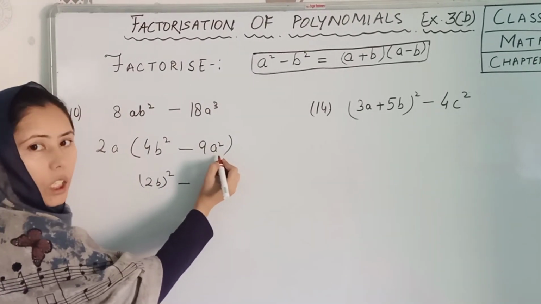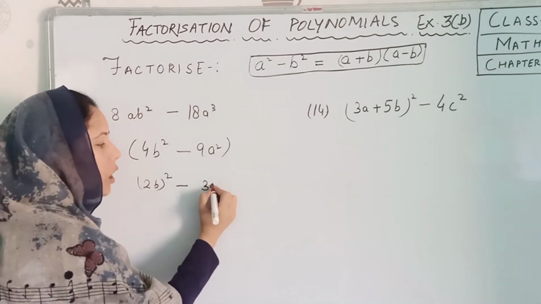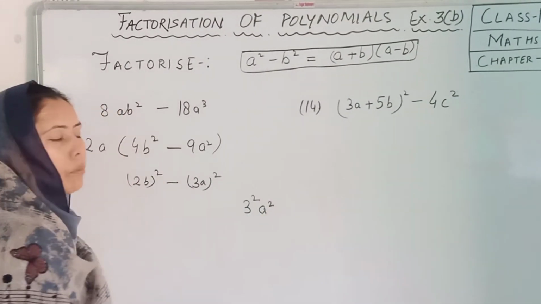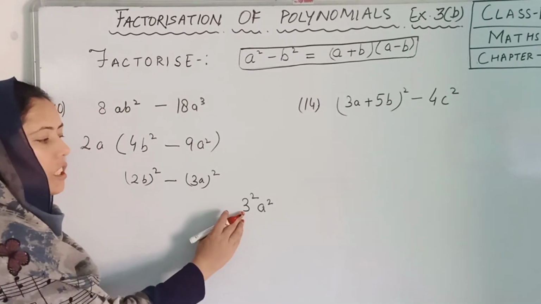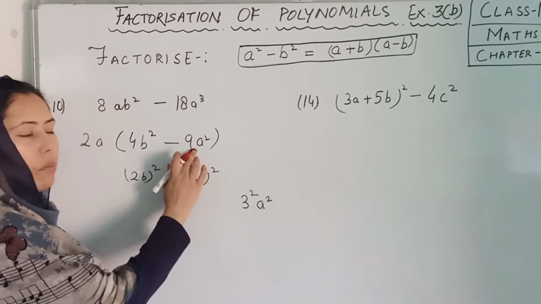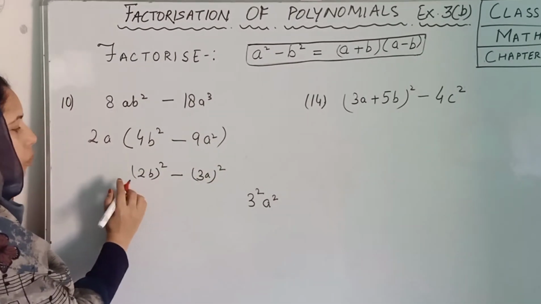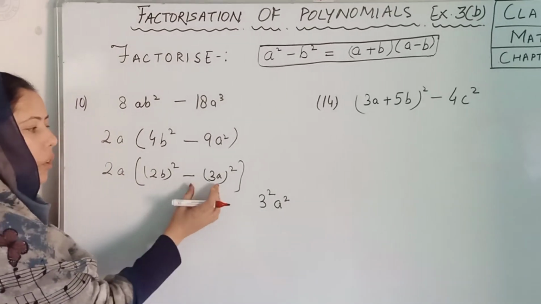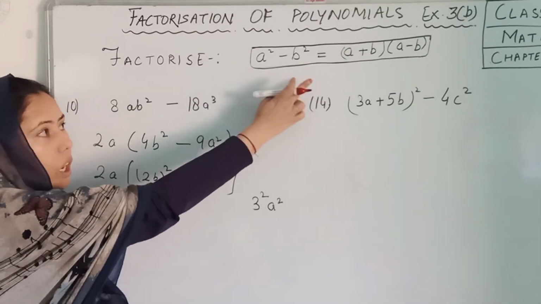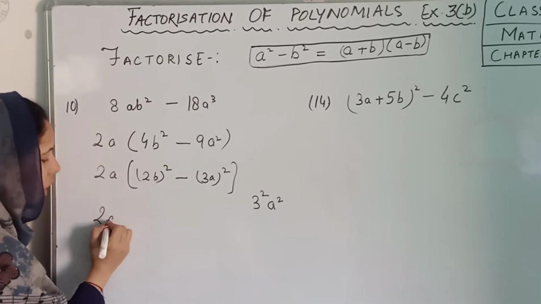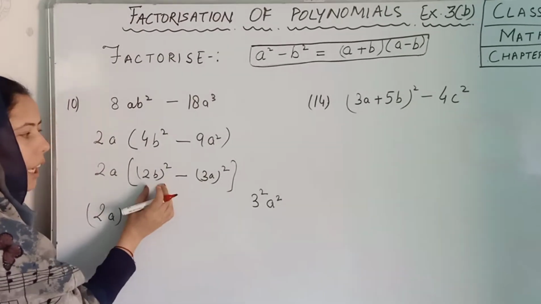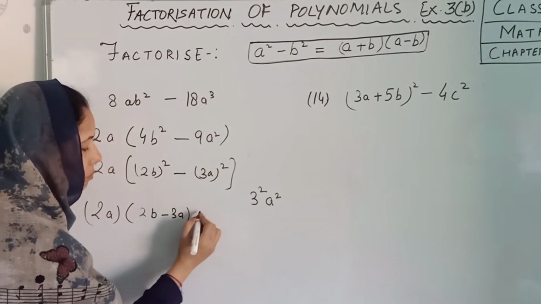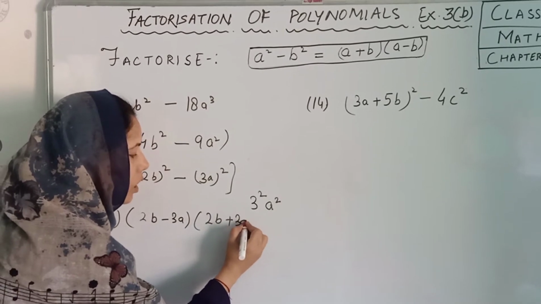Minus 9a square is the square of 3a whole square. 3a whole square means 3 squared and a squared, 3 square means 9, a square means a square. Understand? So you will write it in a bracket and 2a as it is. Now we will apply the identity. A square minus b square is (a plus b)(a minus b). 2a into (a is 2b and b is minus 3a), 2b plus 3a.